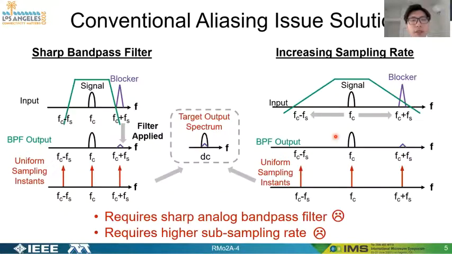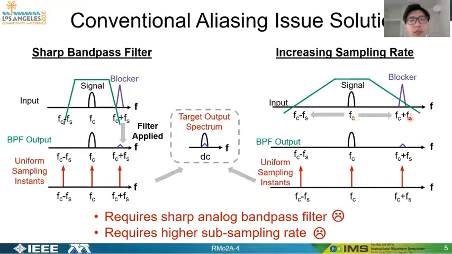To solve this aliasing issue, there are two conventional solutions. The first solution is to apply the analog bandpass filter with sharp frequency response to reject the blocker before the subsampling process. The bandpass filter with high order roll-off is difficult to implement on-chip. Another solution is increasing the sampling rate.